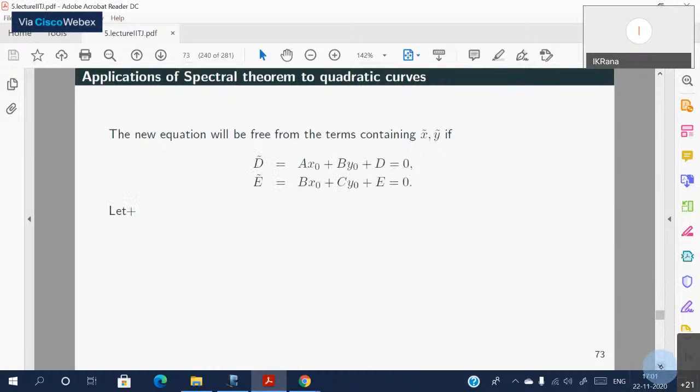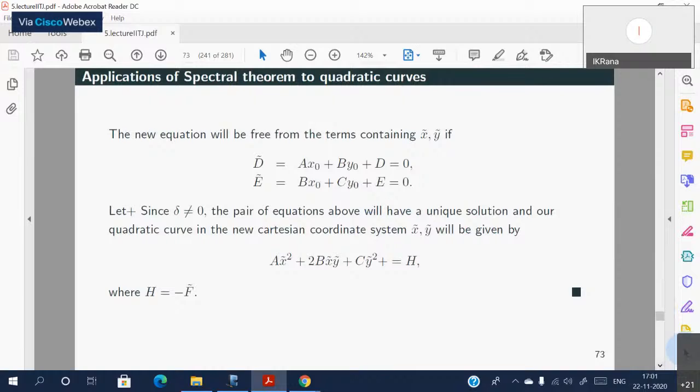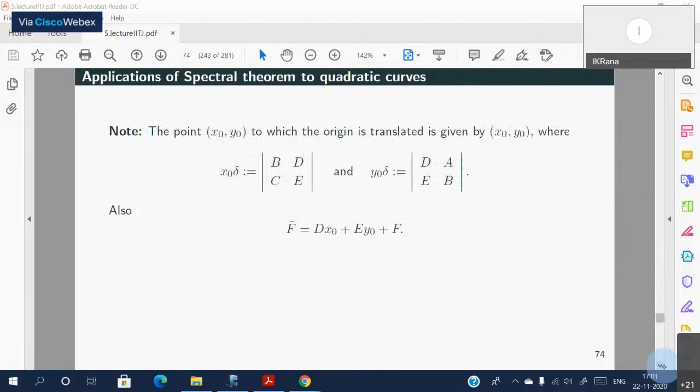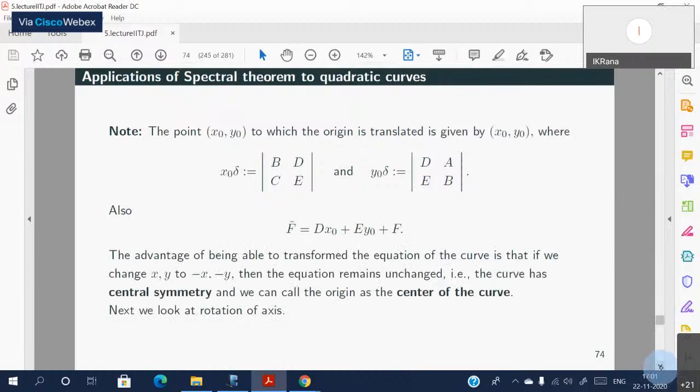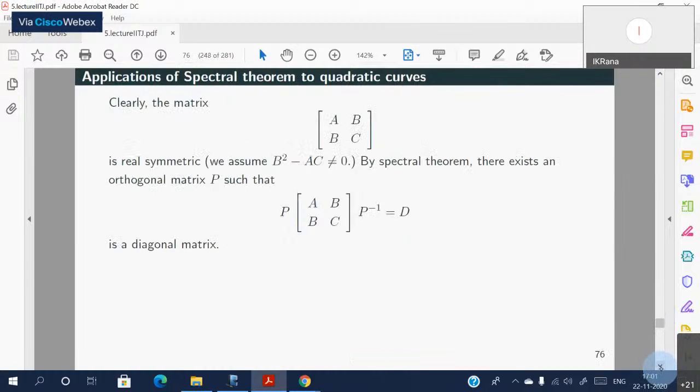So basically diagonalization of matrices helps you to recognize what the quadratic curve is. I'm again rushing through very fast, so that is one application of it.